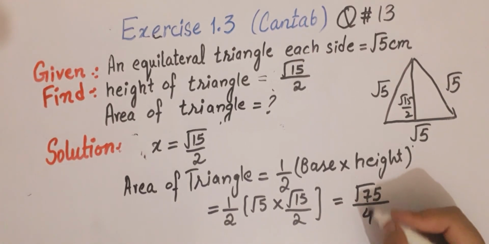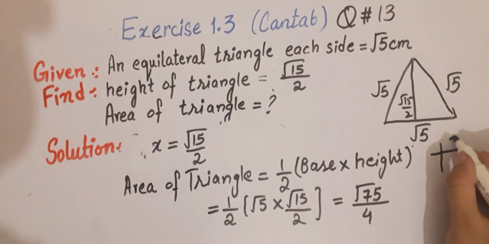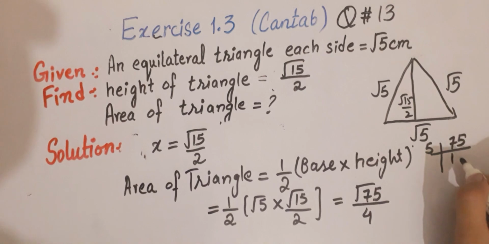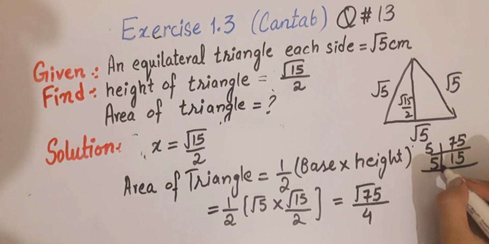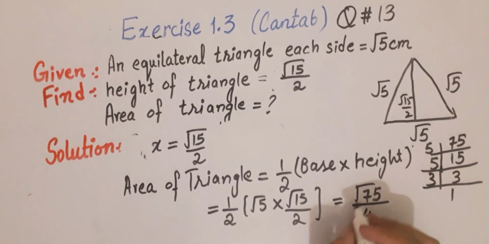By simplification of square root of 75, 5 15s are 75 and 5 3s are 15.